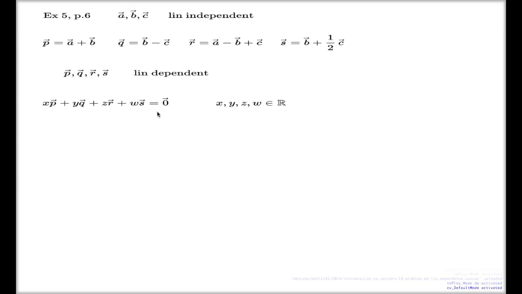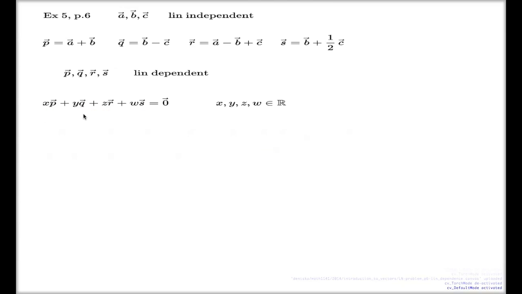Now let's see how I can choose those coefficients. Obviously my first step will be substituting the expressions for P, Q, R, and S in terms of A, B, and C. That seems to be a very natural step.